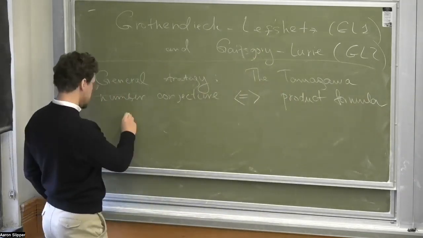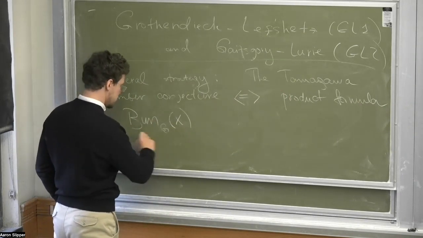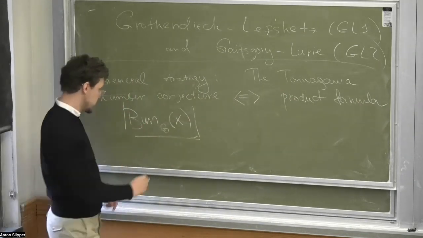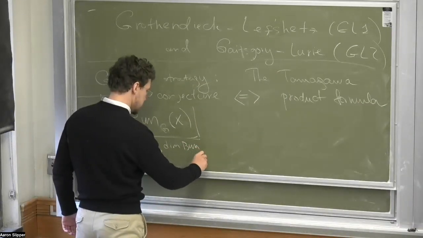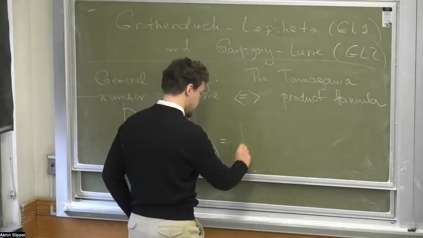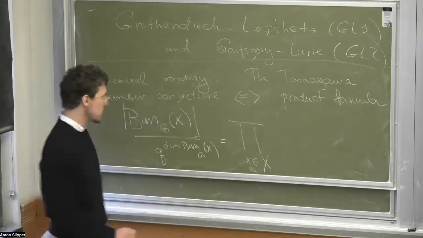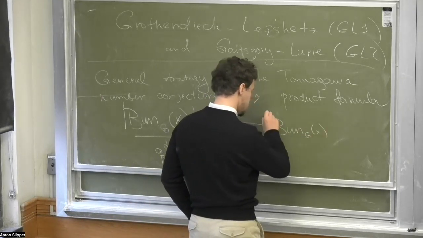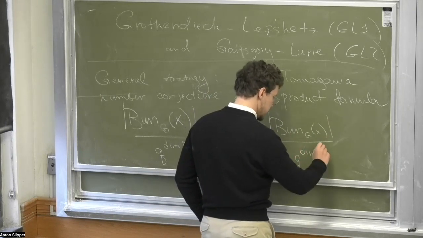So I have the mass of BunG X divided by Q to the dimension of BunG X, and this should be equal to the product over all points of the curve of the following: the mass of BunG small x divided by Q to the dimension.